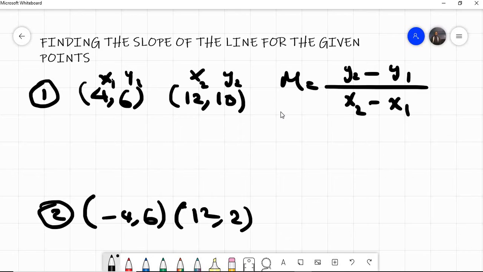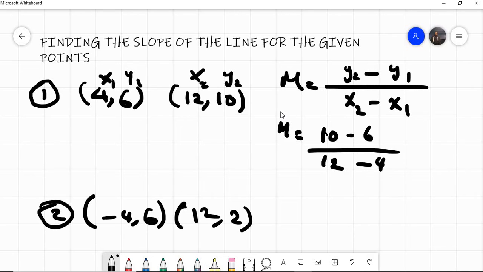So m equals our y2, which is 10, minus 6, and then x2 is 12, minus x1, which is 4. So 12 minus 4.